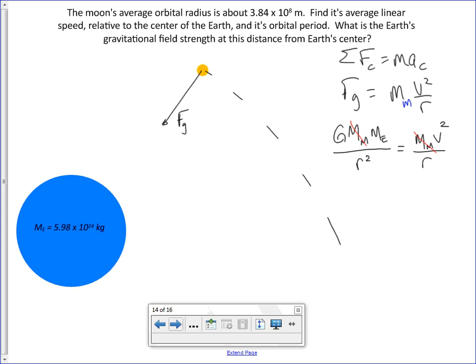Moon's mass is irrelevant. Get rid of a factor of r. Well, we just said this one, right? Mass of the Earth over r. And solve. You solve.